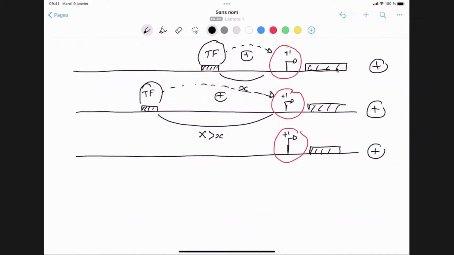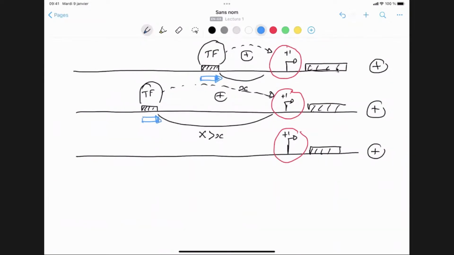It seems to be very simple, but it is the case. Third configuration: we put it in that direction, and here we put it in that direction.